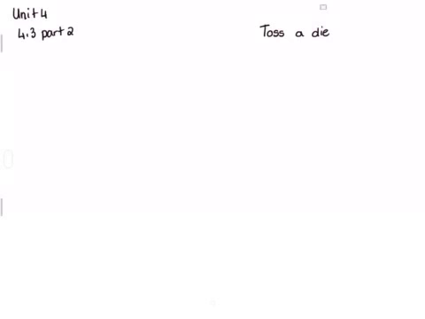So I'm going to call these events. Event A is get a prime number. So event A consists of 1, 2, 3, and 5.